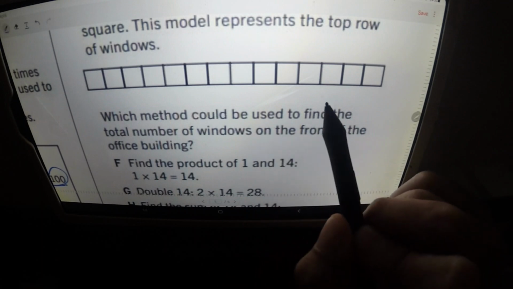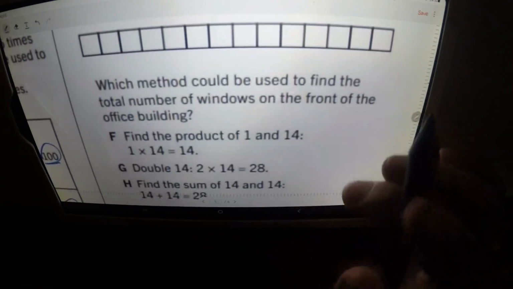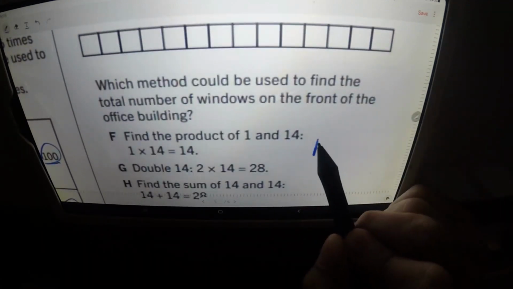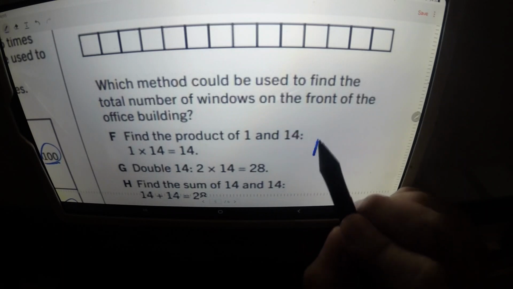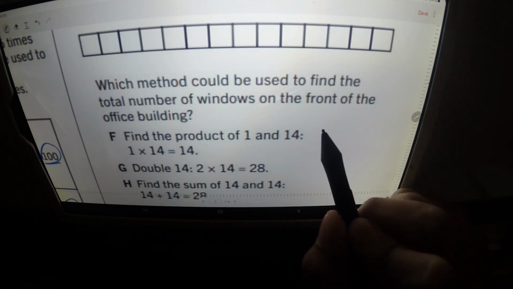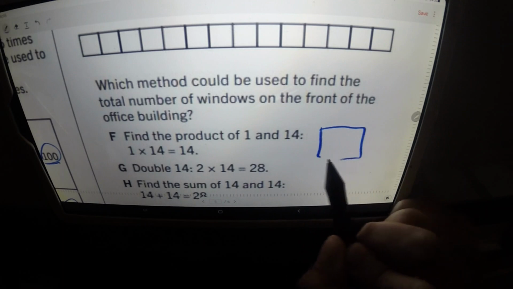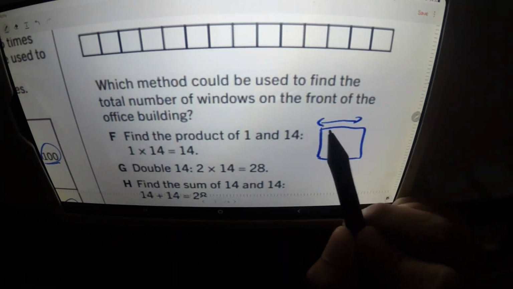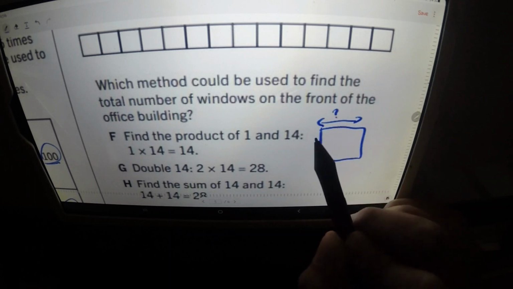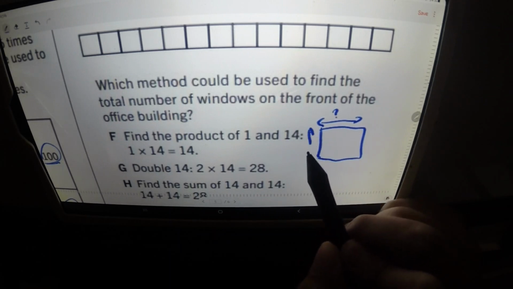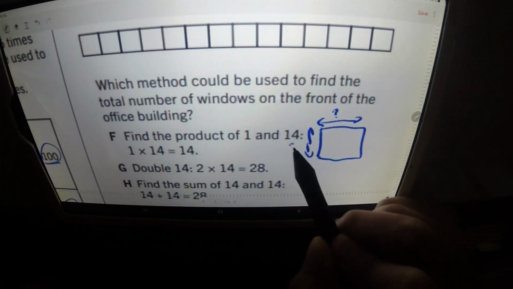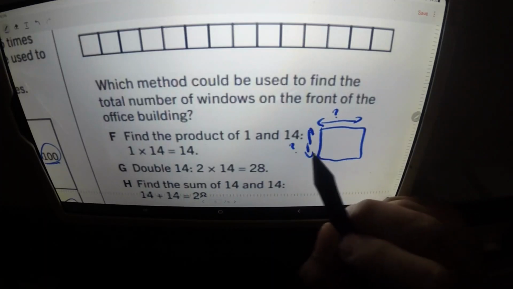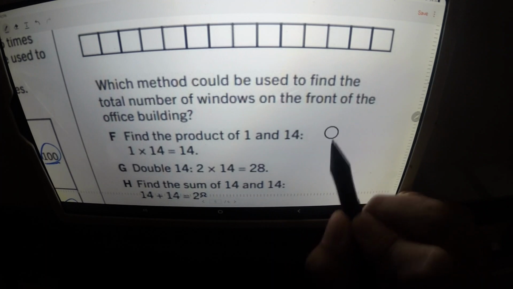So a perfect square is, actually, let me explain that. A perfect square is when this area is the exact same number as this area. As an example, let's say we have a square.